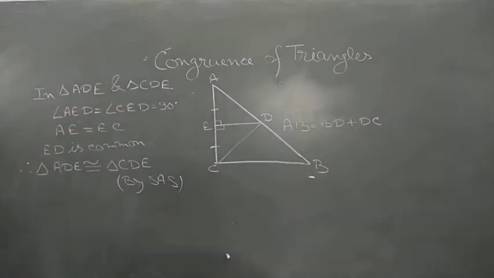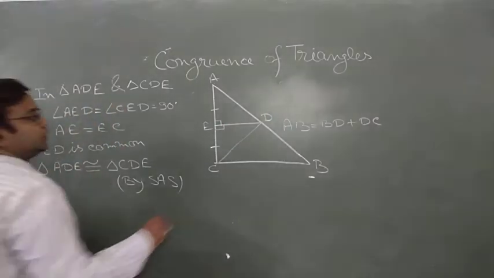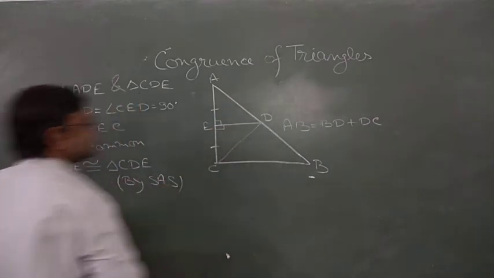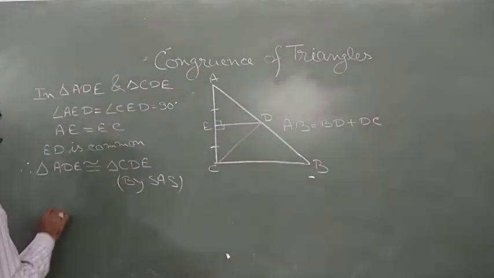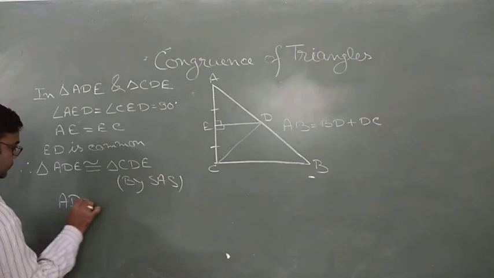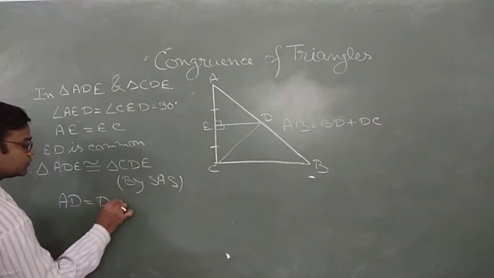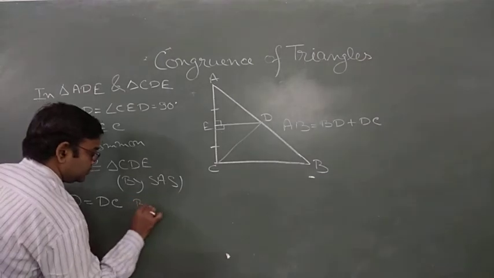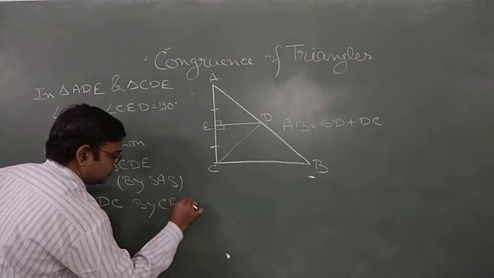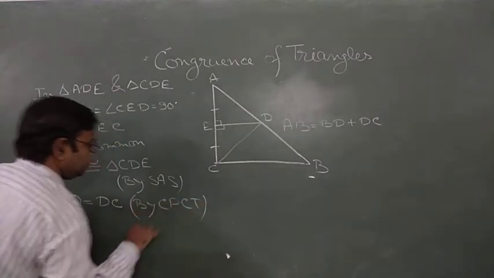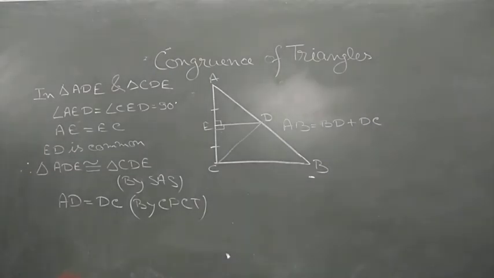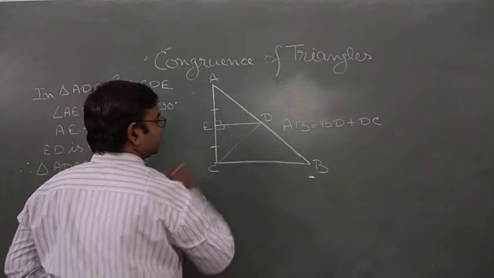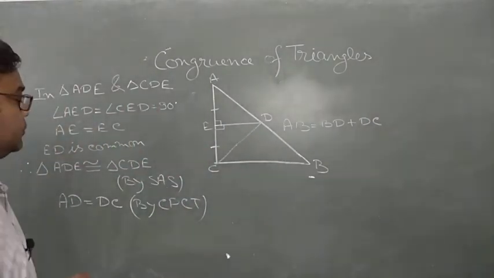It means that AD equals DC. By CPCT, these two sides are equal in case of this triangle.